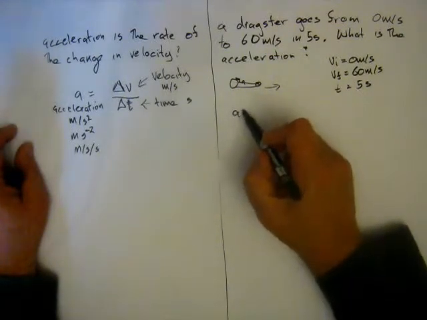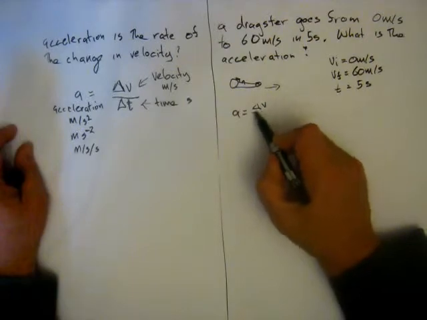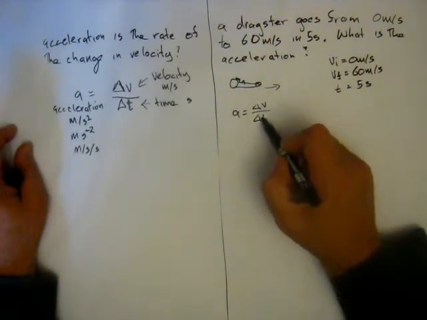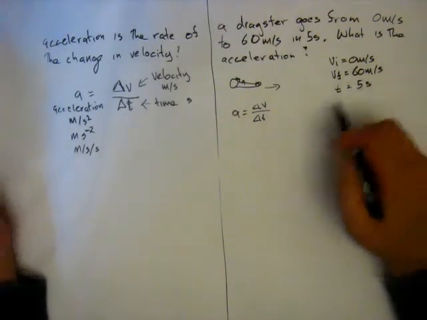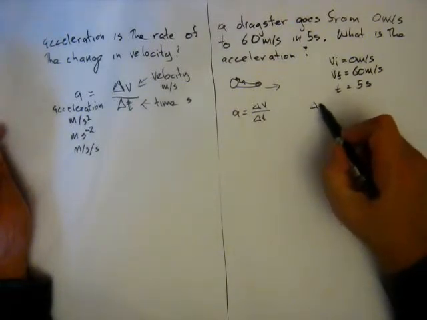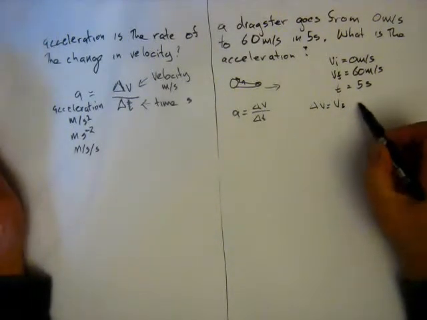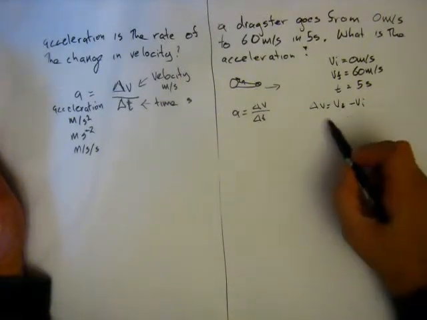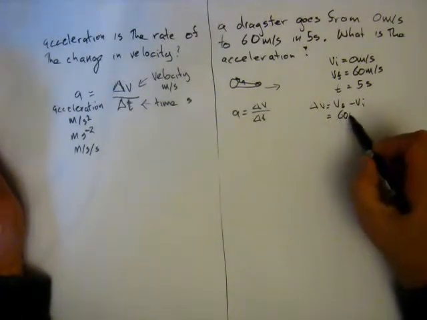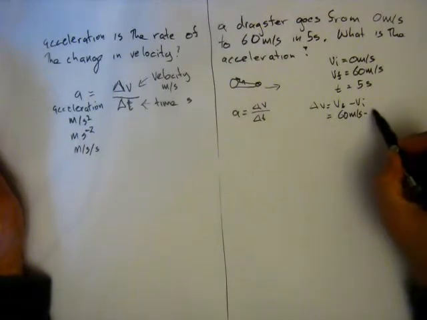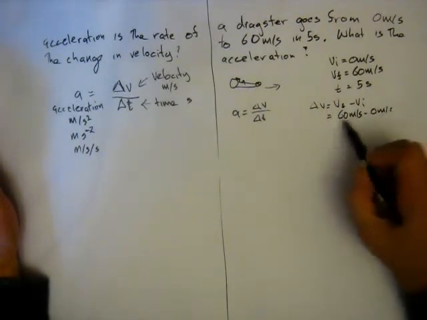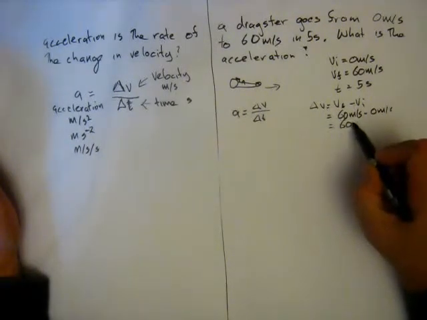We know acceleration is equal to change in velocity over time. So what's the change in velocity? The change in velocity is equal to Vf, the final velocity, minus the initial velocity, which in this case is going to be 60 meters per second, minus 0 meters per second, equals 60 meters per second.